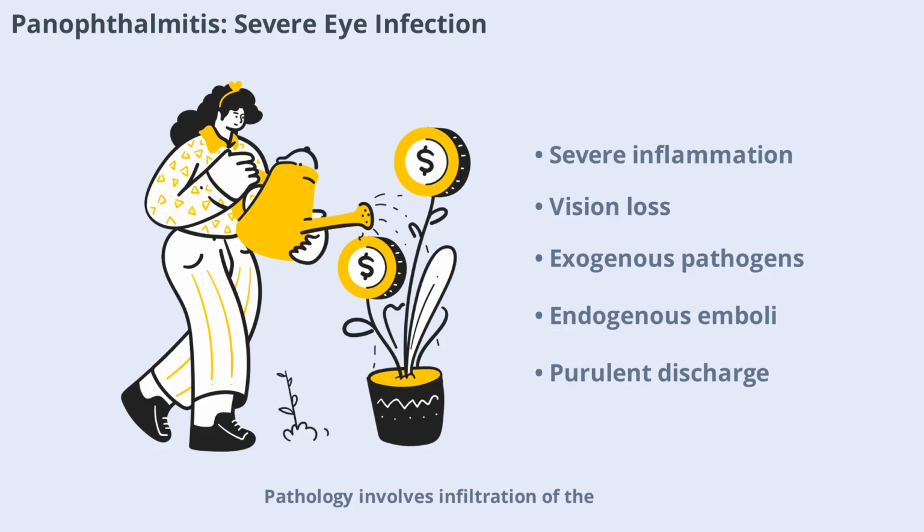Pathology involves infiltration of the uveal tract with polymorphonuclear cells. Symptoms are severe pain, headache, fever, vomiting, vision loss, lacrimation, and purulent discharge. Signs include red, swollen lids, intense congestion, hypopyon, hazy cornea, yellow reflex, proptosis, and limited eye movement.